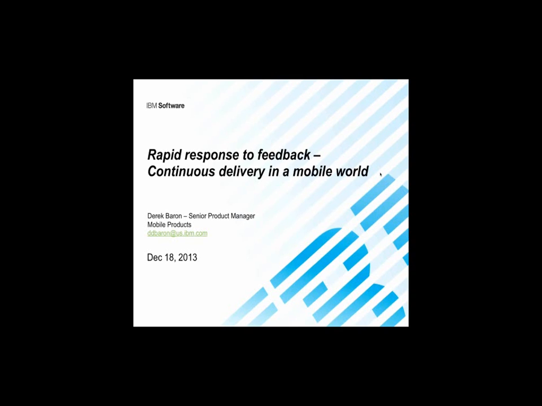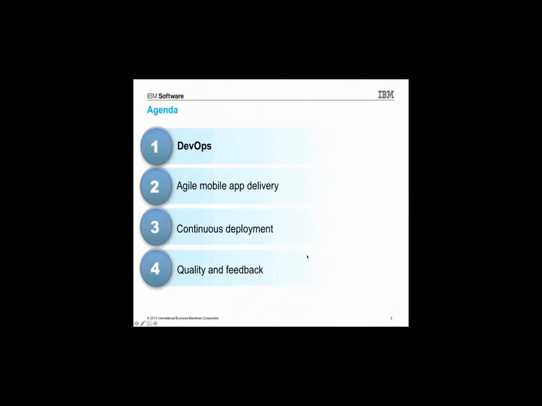What I'll be presenting is this idea of rapid response to feedback, and really it's all about continuous delivery for mobile applications. So let's jump right into the content for today. The agenda is to talk a little bit about this concept of DevOps and what that means and why it's important to those of you developing mobile applications.